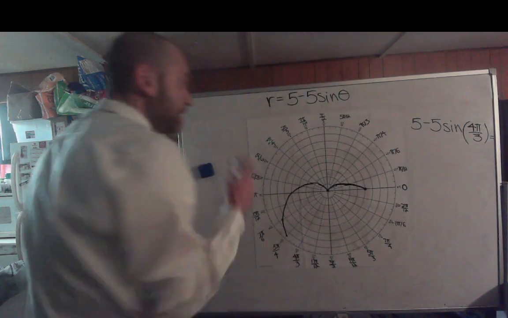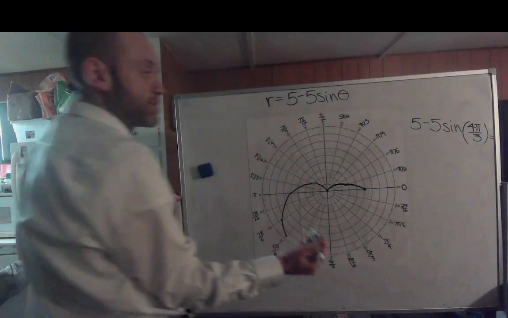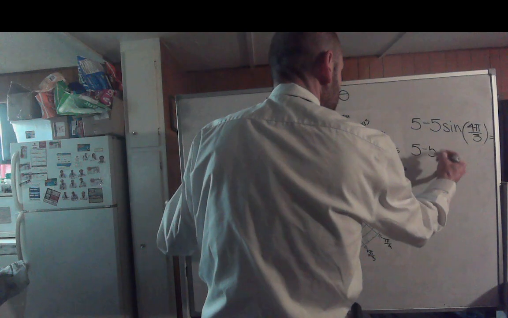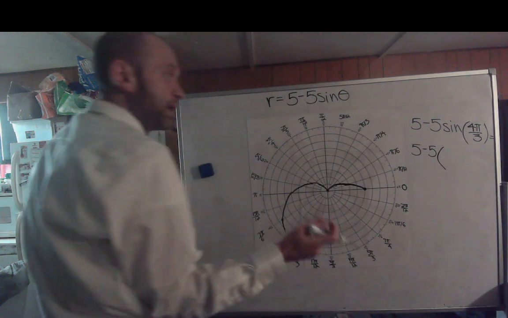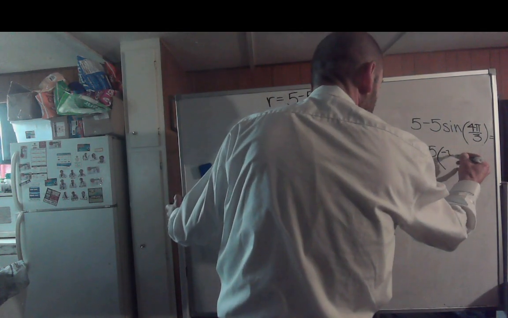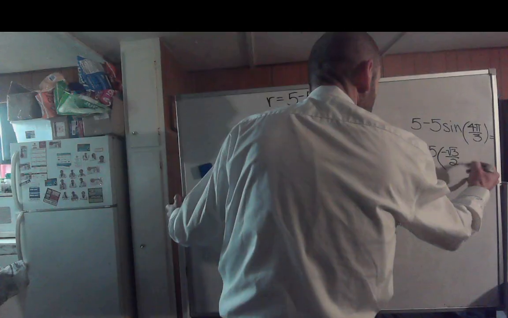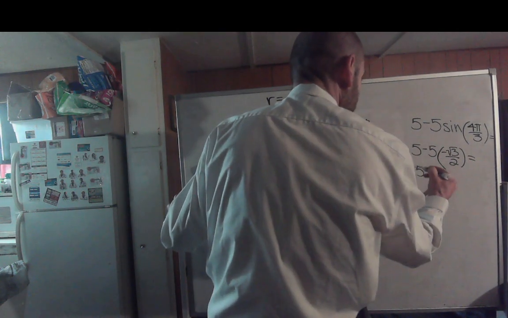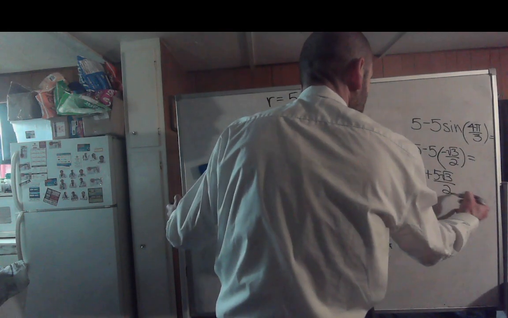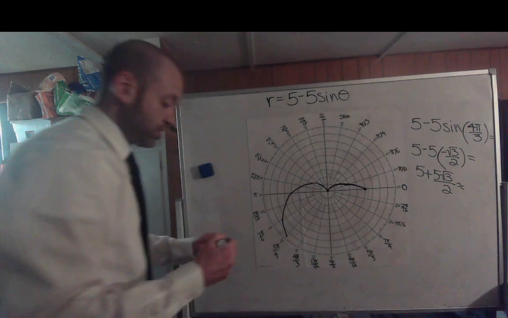Next special angle is going to be 4 pi over 3. So 4 pi over 3, well, again, it's going to be negative because we're in the third quadrant. So you would have 5 minus 5 times the sine of 4 pi over 3. The sine of that is going to be negative square root of 3 over 2, which would turn into 5 plus 5 times the square root of 3 over 2, which should give us another decimal approximation.